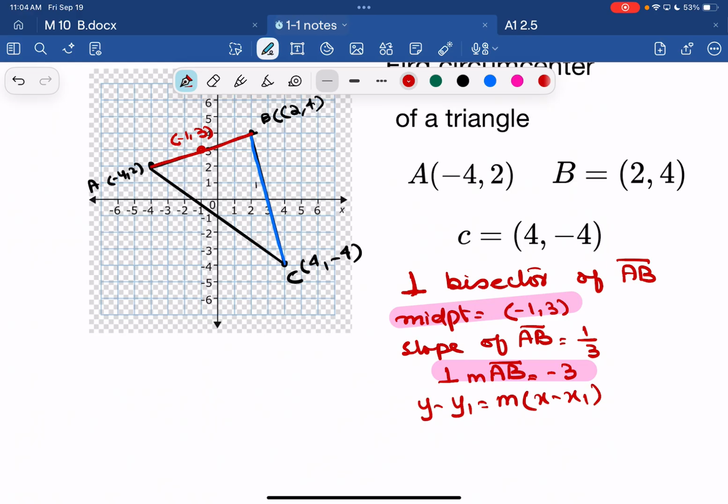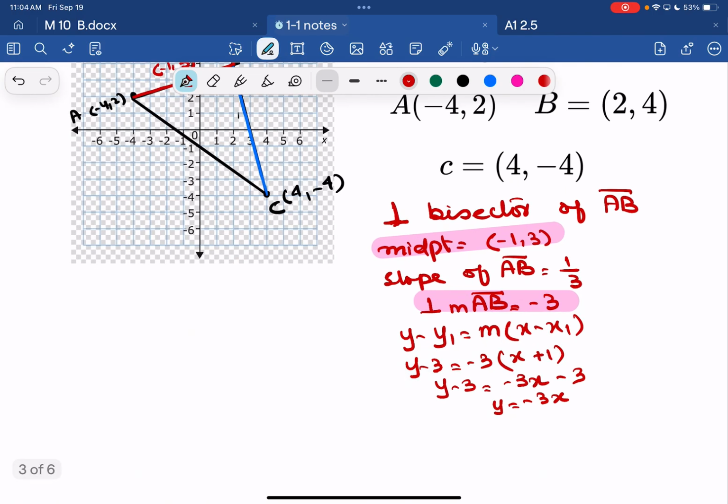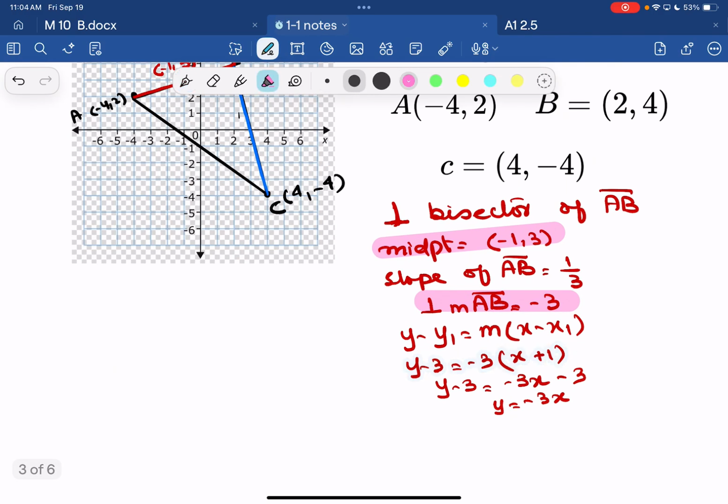Go ahead. y minus 3 equals negative 3 times x plus 1. From here we get y minus 3 is equal to negative 3x minus 3, or y is equal to negative 3x. Okay. So make sure you show me this step and this step. These all steps have points on my rubrics.